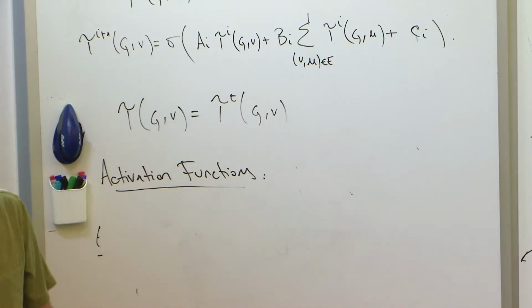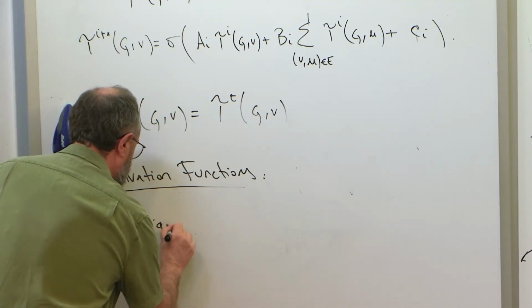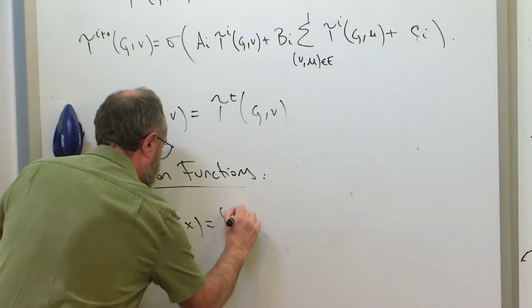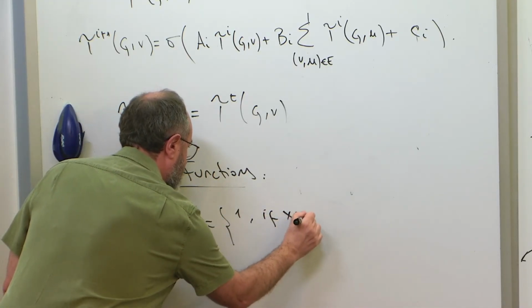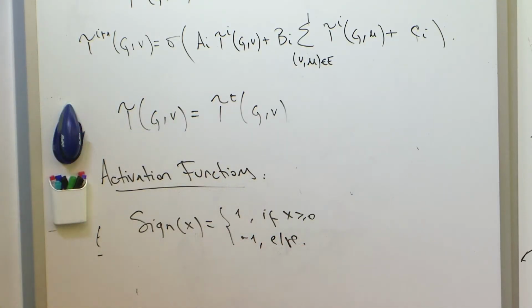Now, which activation functions will we be considering? Well, sign. We will be considering sign of x, which takes value 1 if x is non-negative, and minus 1 otherwise. Basically, are the matrices all square matrices?